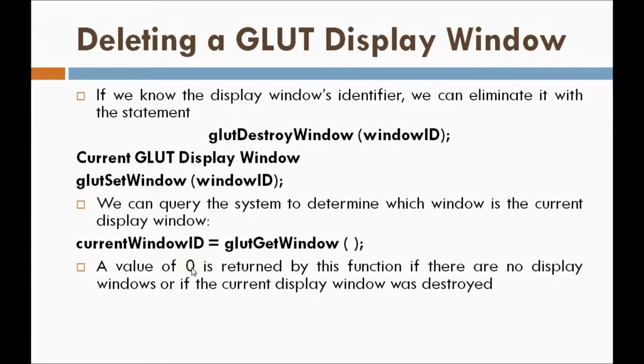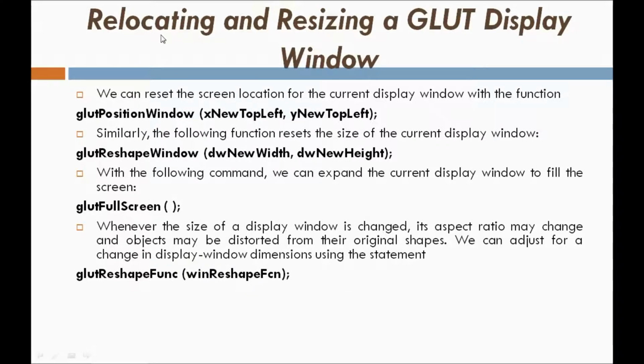Next, if you want to resize your display window or change its position, it is also possible in OpenGL. How can we do that? We can reset the screen location of the current display window with a function. I want to change the position of my display window, so I use the command glutPositionWindow.